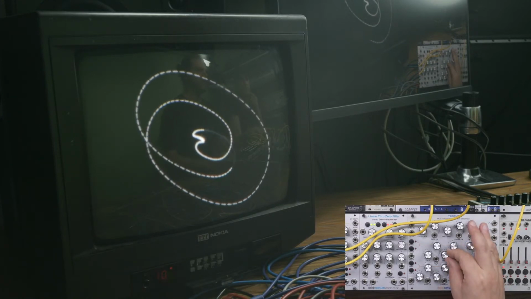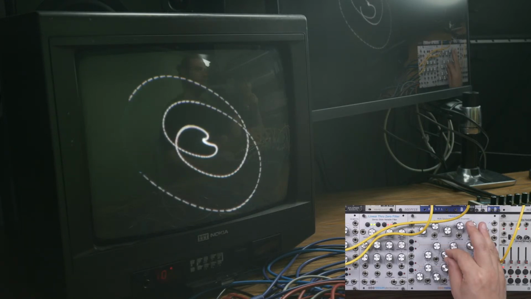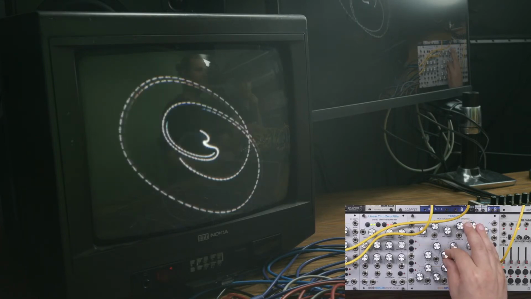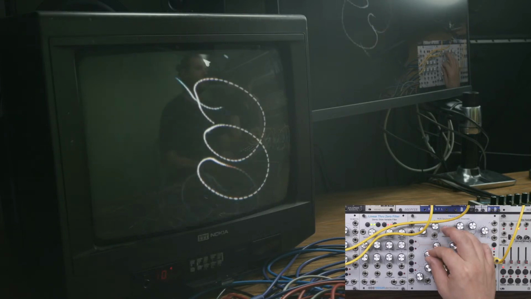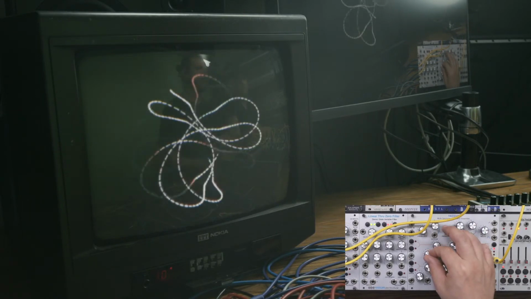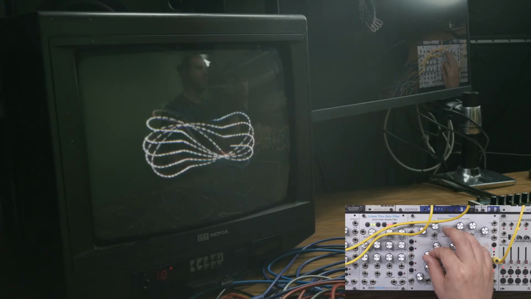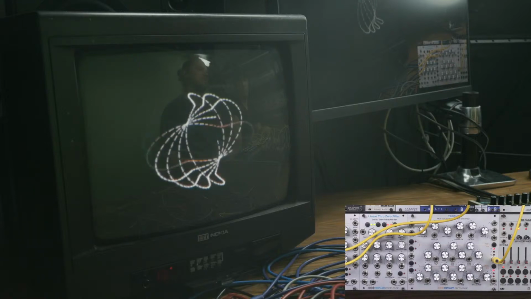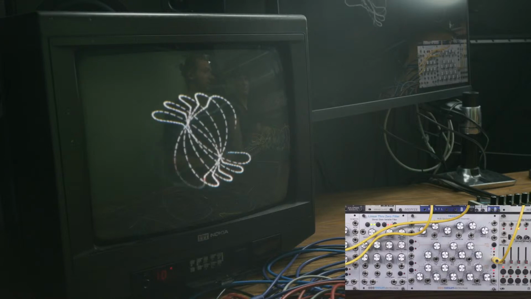So if I increase the frequency of this oscillator, it starts rotating, and if I increase it even more, it's going to rotate faster. But then it reaches another frequency which is related, and depending on this frequency, you can have different paths of the beam that we saw moving in the beginning.